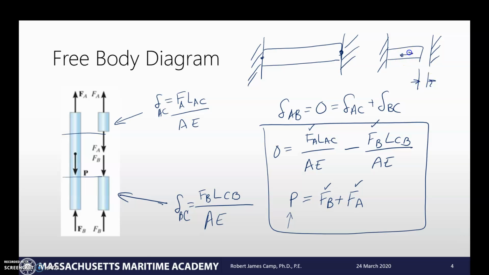If I apply a load here, it's going to be able to deform up to what that gap is. So the whole thing with compatibility equations is figuring out where there can be no deformation, or only this much deformation, and that's what's going to drive the entire problem.